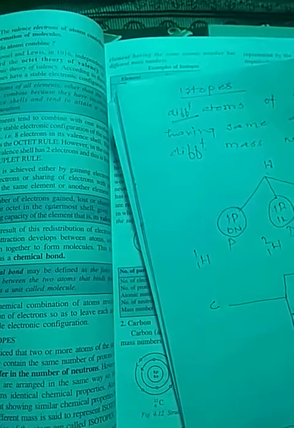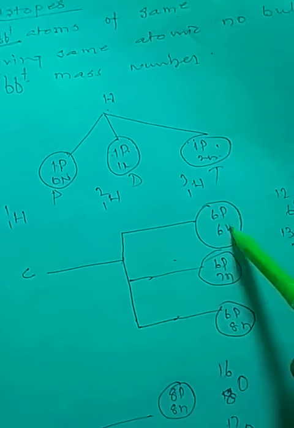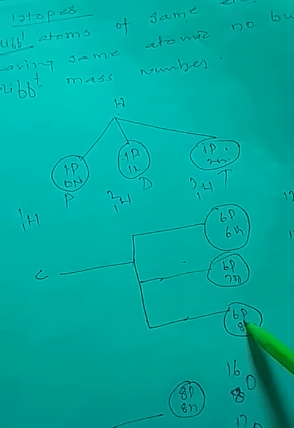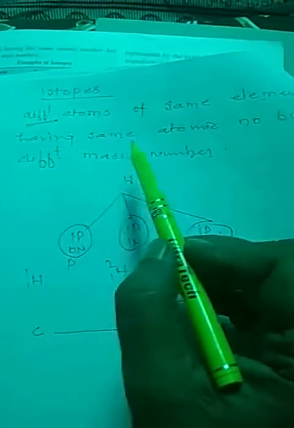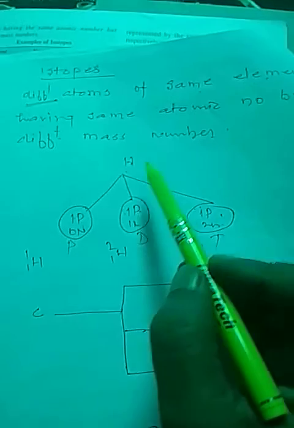So isotopes differ in their mass number only due to the difference in the number of neutrons. So, first, what is isotope? Isotopes are the different atoms of same element having same atomic number but different mass number.